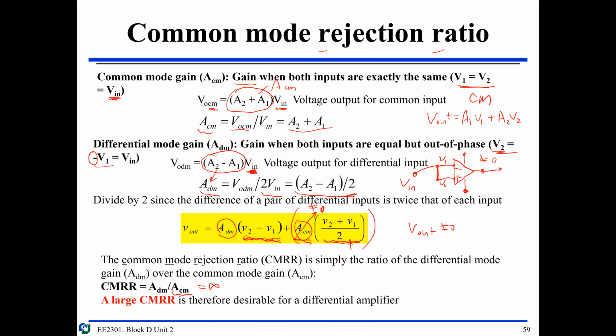This extra is due to the non-identical and non-ideal case of the opamp. Ideally, ACM should be 0, and CMRR, the common mode rejection ratio, is ADM divided by ACM. It should be a very, very big value. The bigger, the more desirable for a differential amplifier.